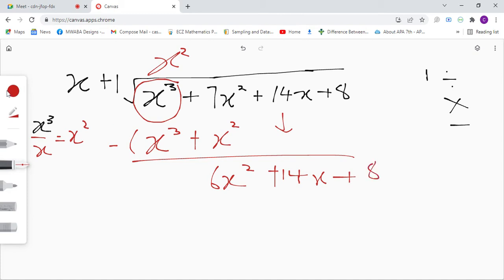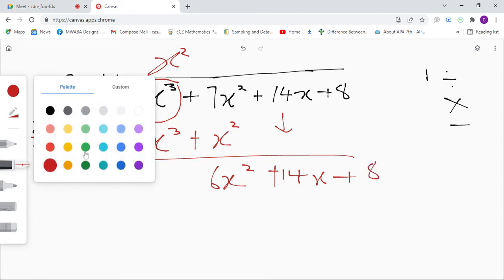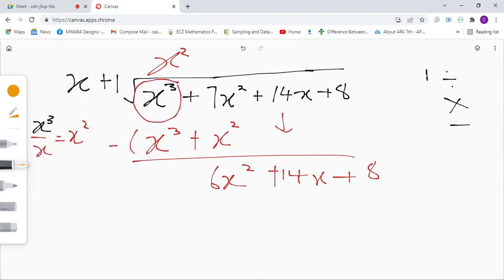Okay, so we repeat the process again. We divide. So what are we dividing again? The first term in the expression.